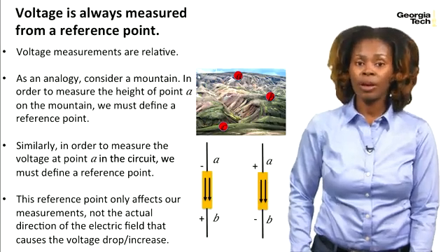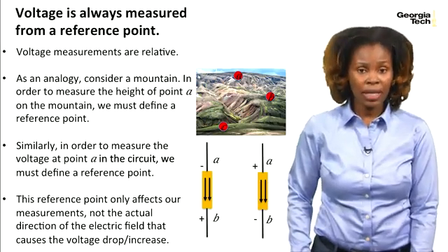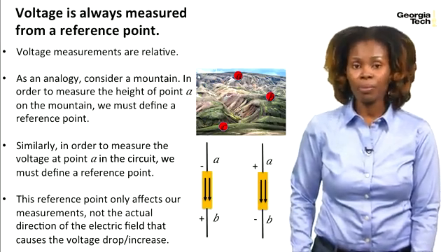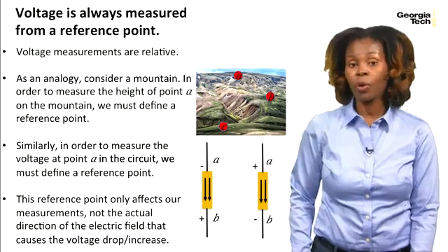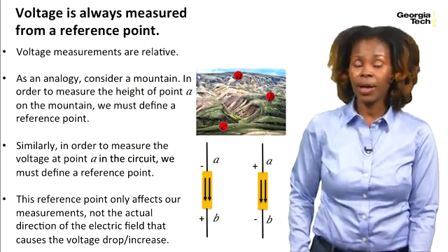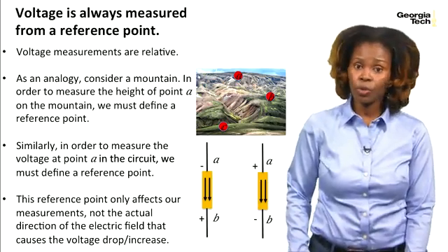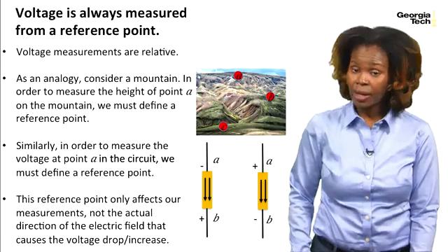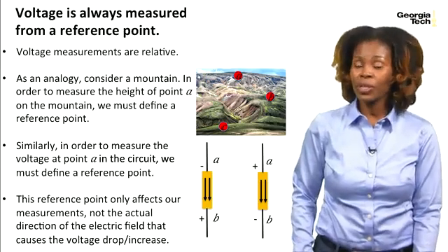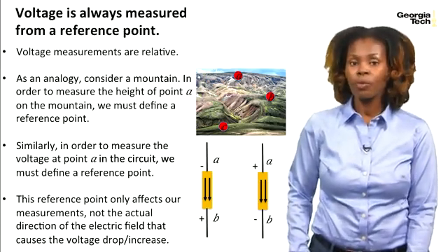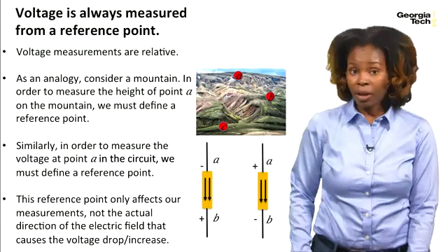In the case where we're measuring B as the plus end, then a voltage drop from B to A would be negative. A voltage drop from A to B would be positive, but it depends on the way that we take our measurement. So let's see how that is applied when we look at the voltage drop around a circuit.